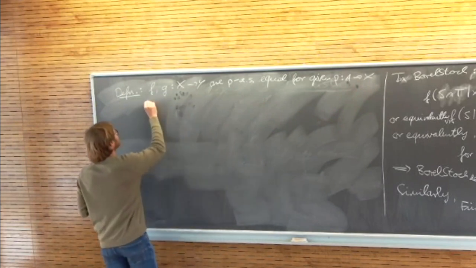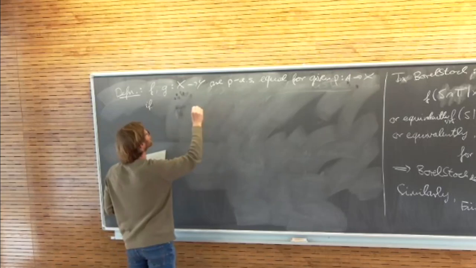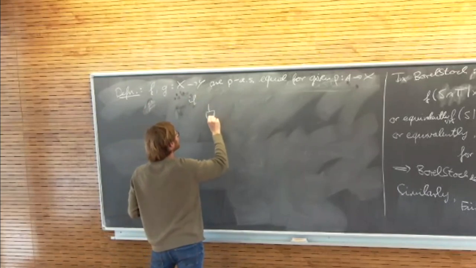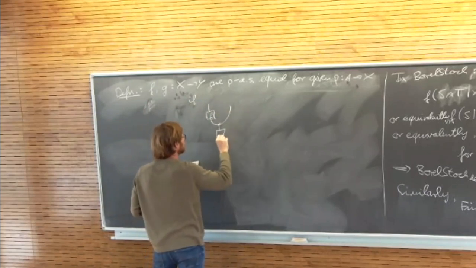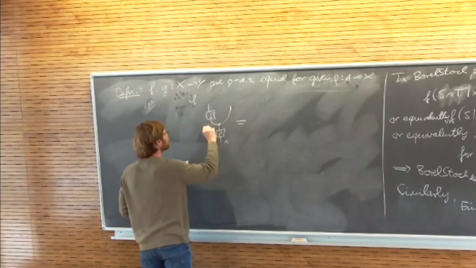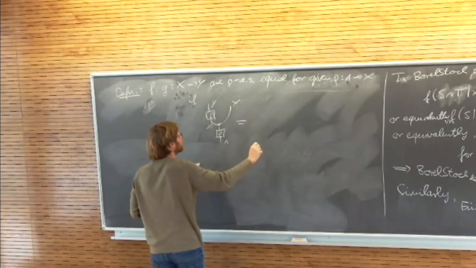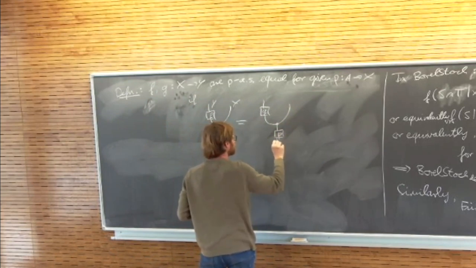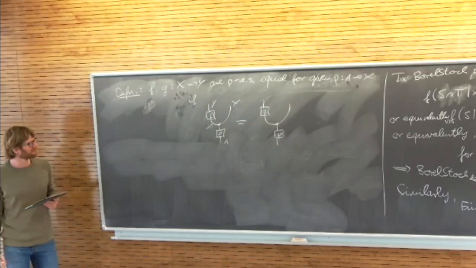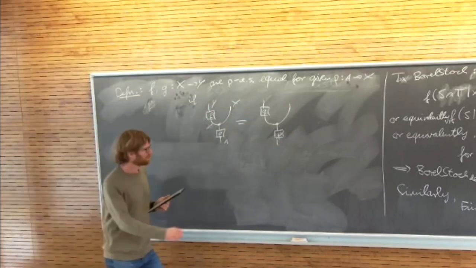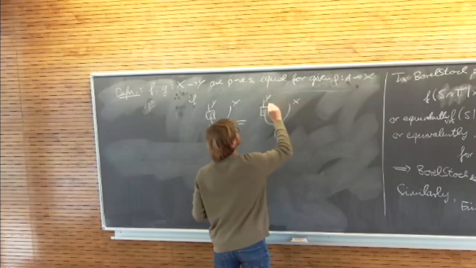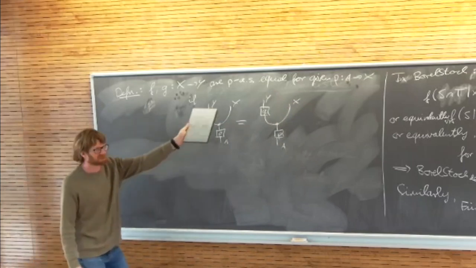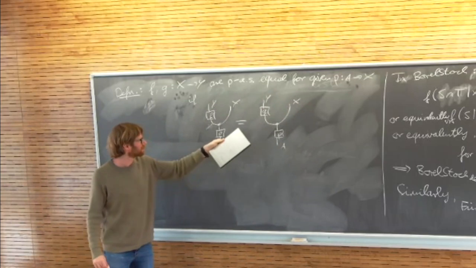So now we need to write down the actual definition. F and G are almost surely equal if some equation within diagrams holds, namely if I can just replace F by G in all situations like this that are preceded by P. So almost sure equality, in other words, is just a shorthand notation for equations like this.